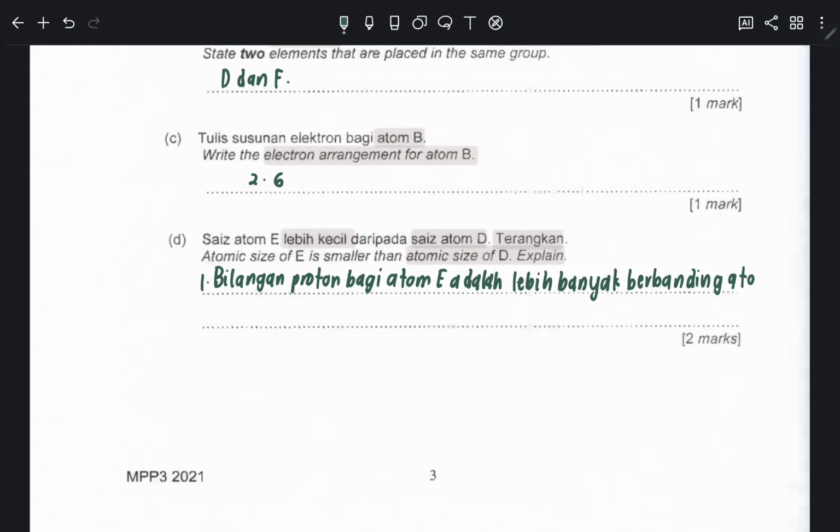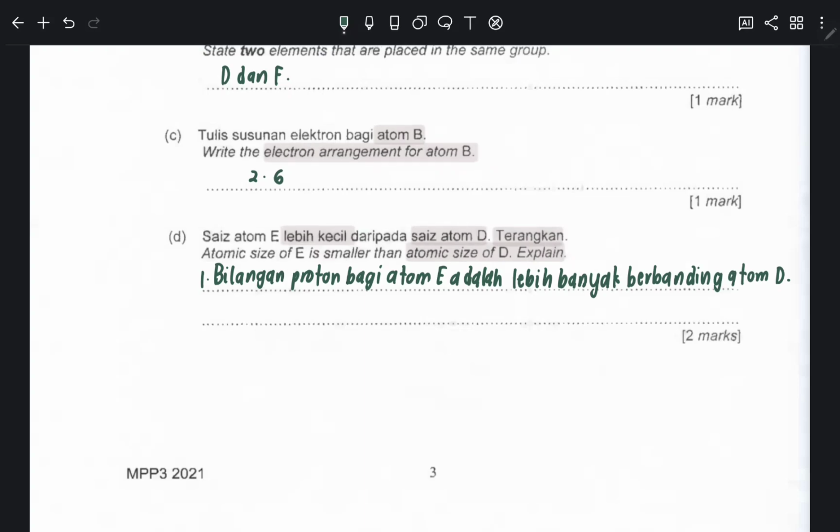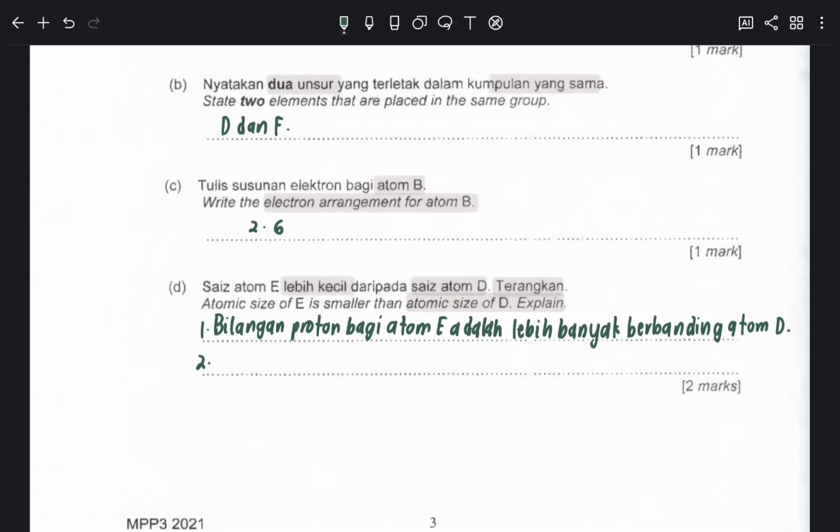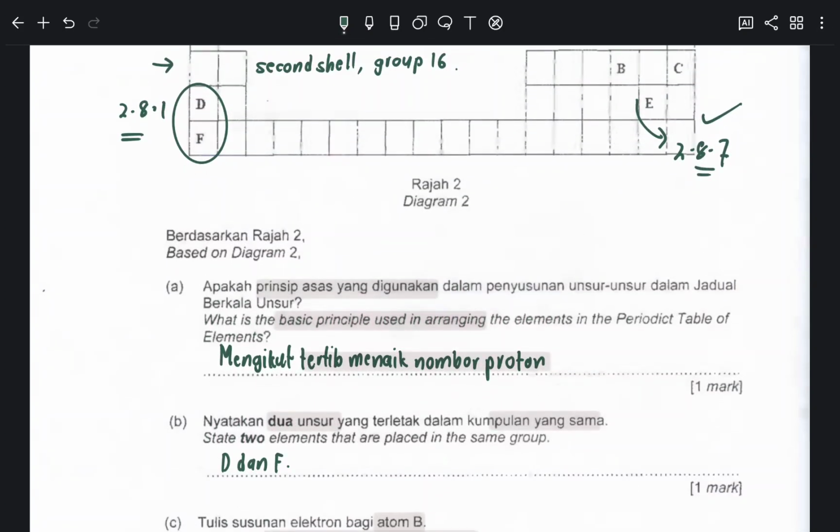Okay, because if you talk about size, you should talk about the number of protons first. So you already talk about the number of protons, right? Then what is the relationship between the number of protons and size? These two things lead to the attraction force of the nucleus towards the electrons in the shell. Okay, so you see your E is 2.8.7 and your D is 2.8.1.